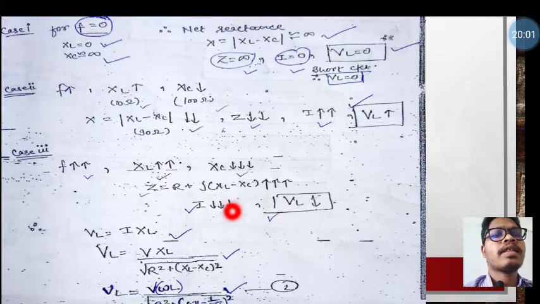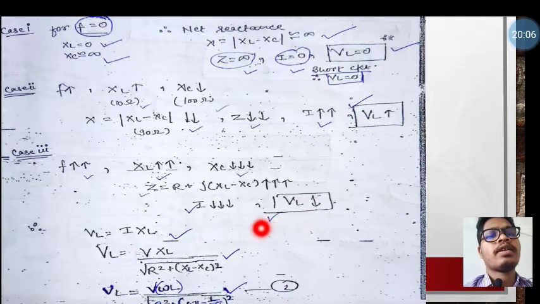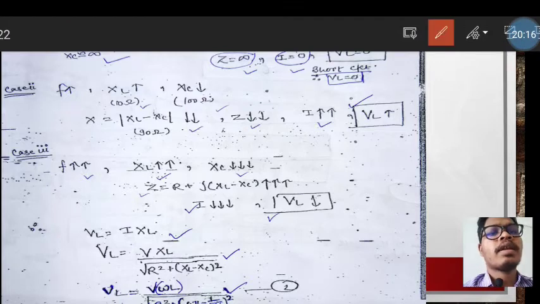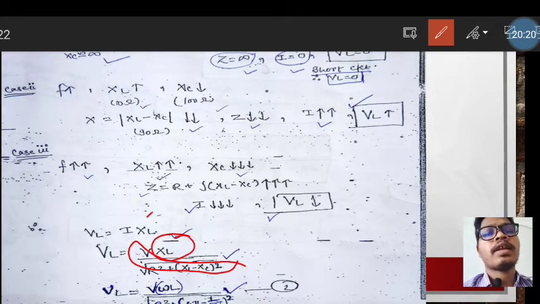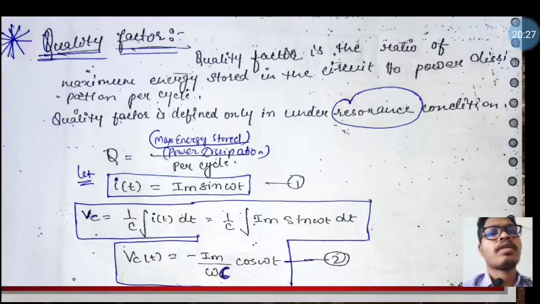If I decreases, since I and V are directly proportional, the voltage also decreases. Okay. Now VL is equal to I into XL, so VL is equal to V divided by root over of R square plus (XL minus XC) square, times XL. And XL is as in that case, so XL is equal to omega L and XC is equal to 1 divided by omega C. This is equation number 2.